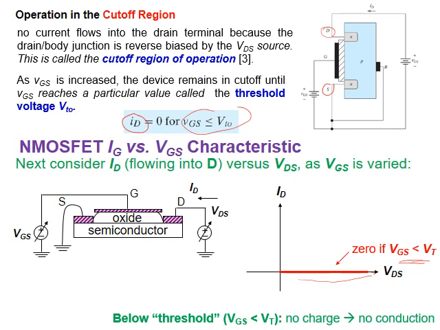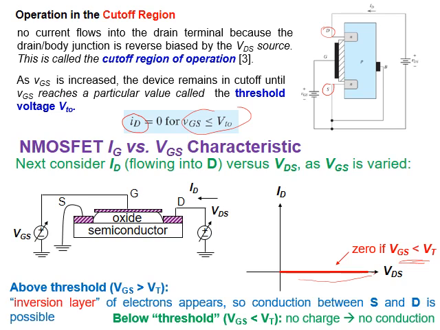Okay, now what happens if VGS becomes greater than V threshold? This is what we need to talk about, the characteristics here. Have a look. Now VGS becomes greater than V threshold. What happens? Between source and drain, an inversion layer of electrons occurs. It's like a field happened.